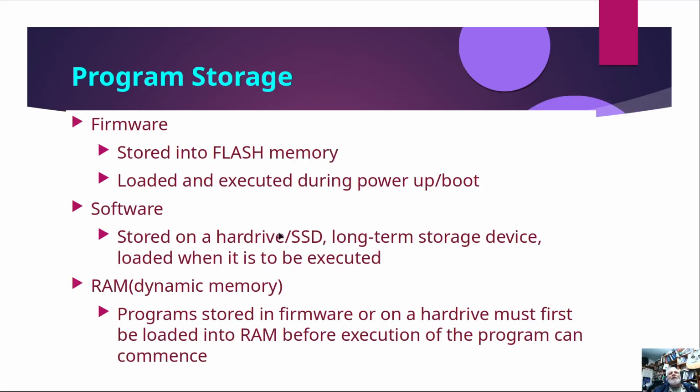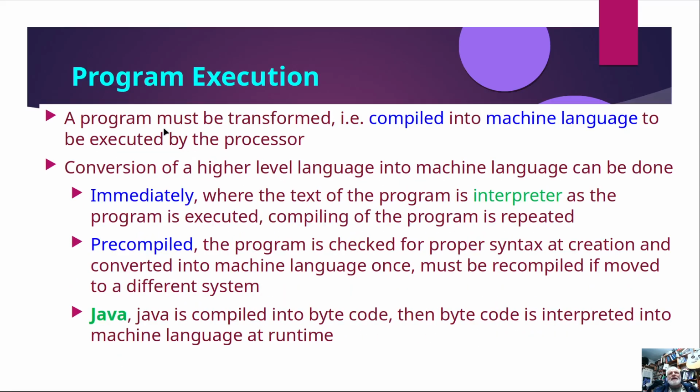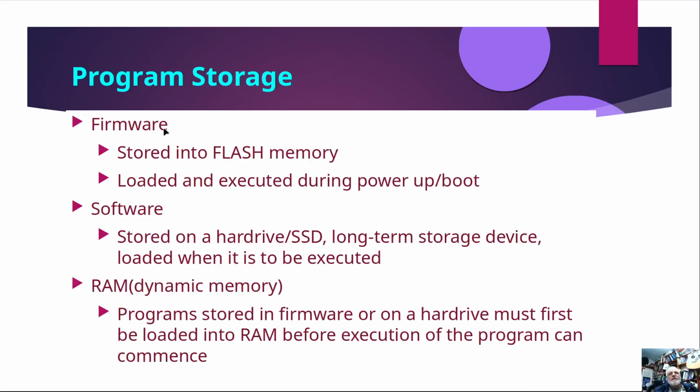All right, so once we have our program, we need to store that program. We can store it in firmware, which is flash memory, or we can store it onto a hard drive or SSD. But these are long-term storage, so once we put it there, we expect it to be there whenever we want it.